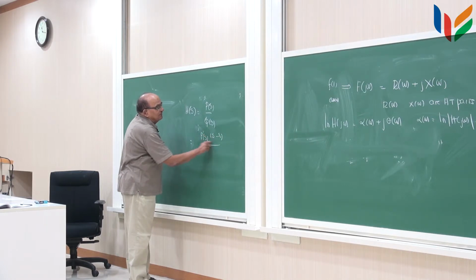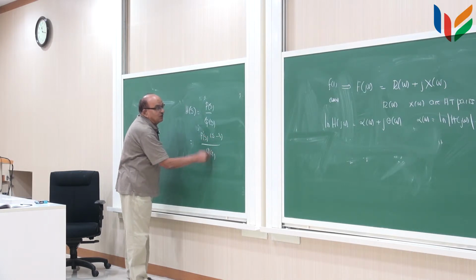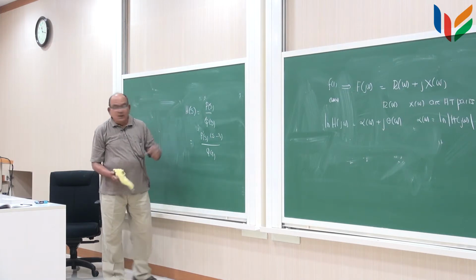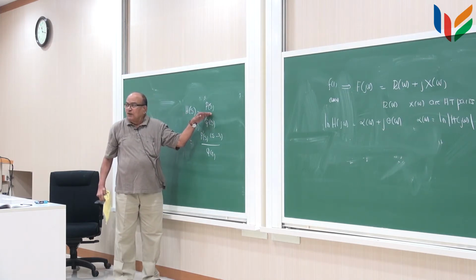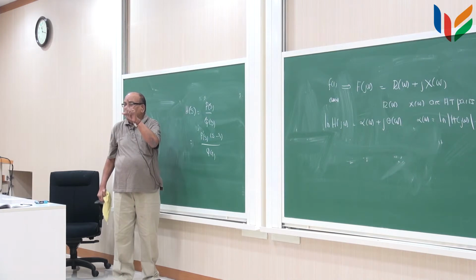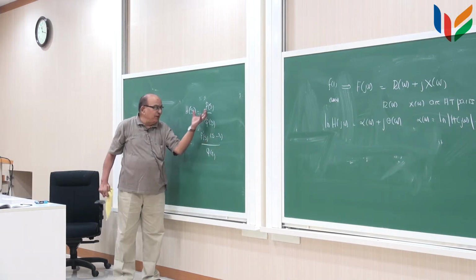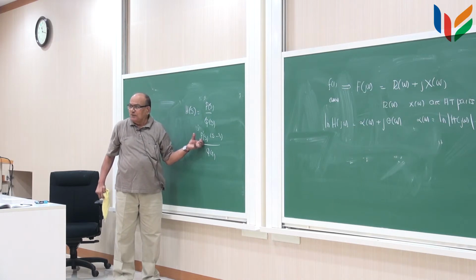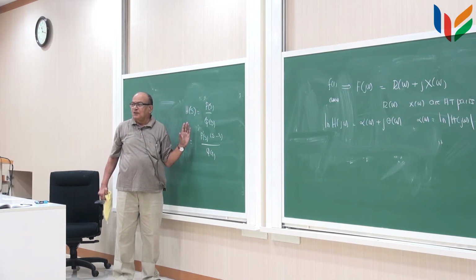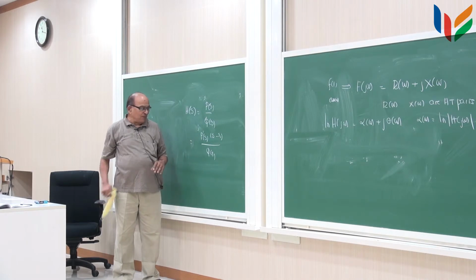You understand what I am writing here? This P(s) polynomial has only one zero in the right half plane. That zero I am pulling out. The remaining portion is my P prime(s), which doesn't have any zeros in the right half plane.